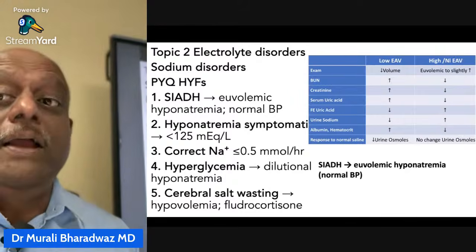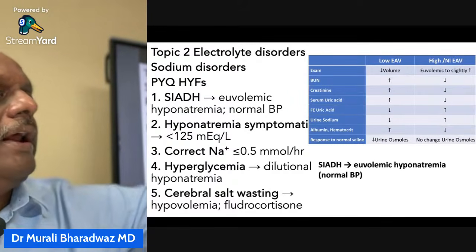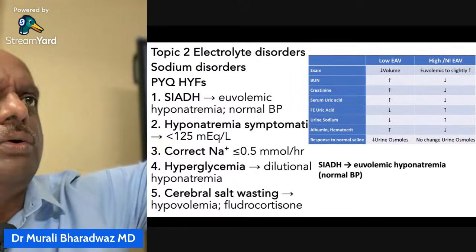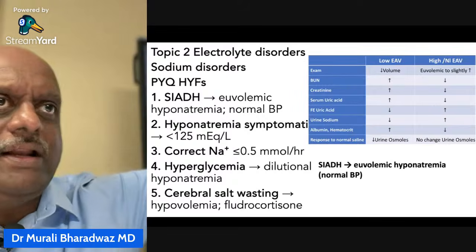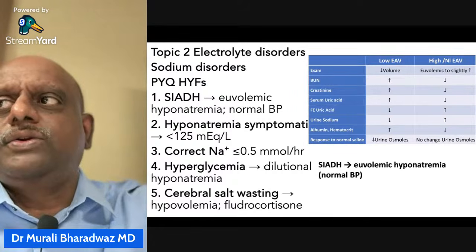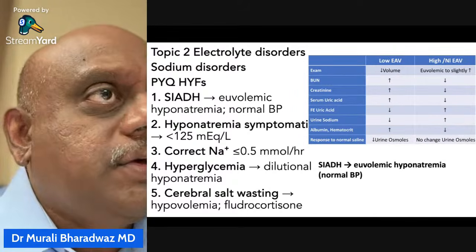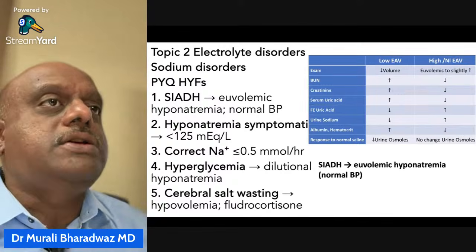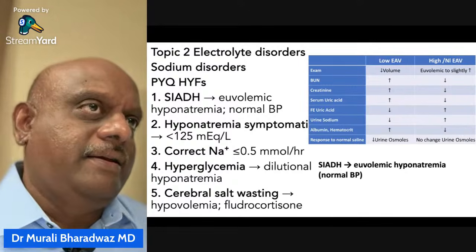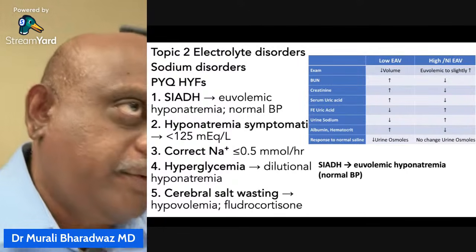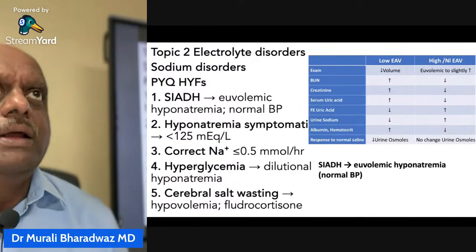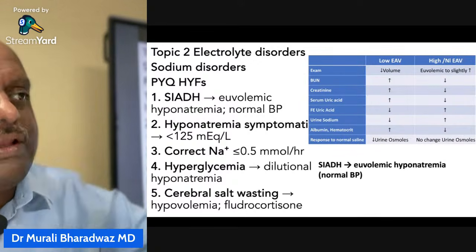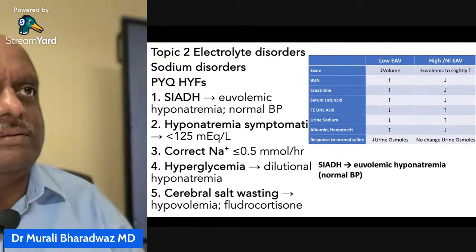Dilutional hyponatremia: for every rise of the serum glucose by 10 milligram per deciliter, there is an effect on the sodium levels. Similarly, there is an entity called cerebral salt wasting. It is also called CSW. In this, along with the salt, the person loses water.